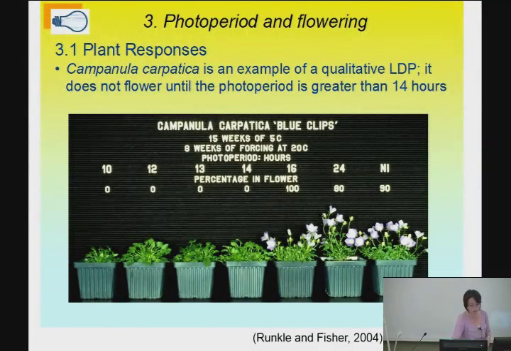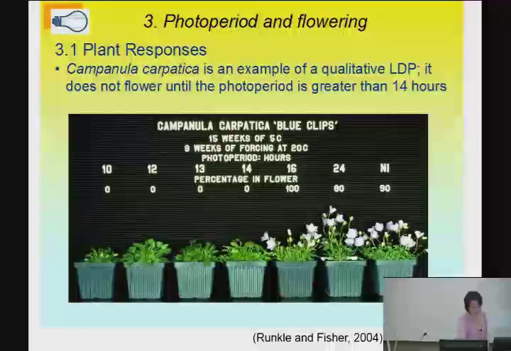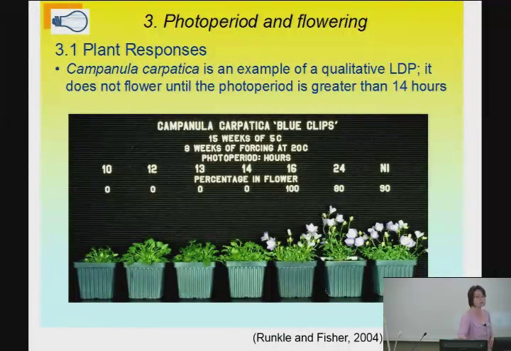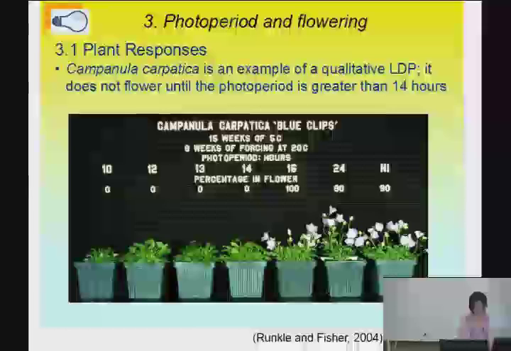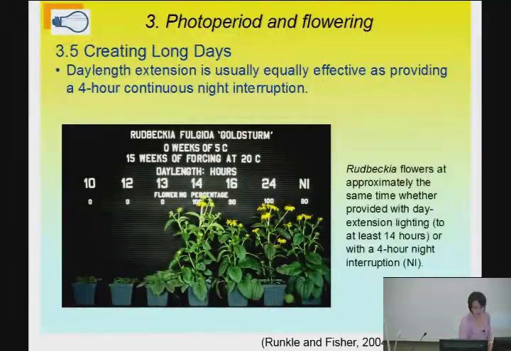We did some journal club last year, but it's very complex and not well known yet, though a lot of studies have been done, particularly in Asian and European countries. There are researchers focusing on this flowering response at the molecular level. That was interesting. Okay, this one is another example.